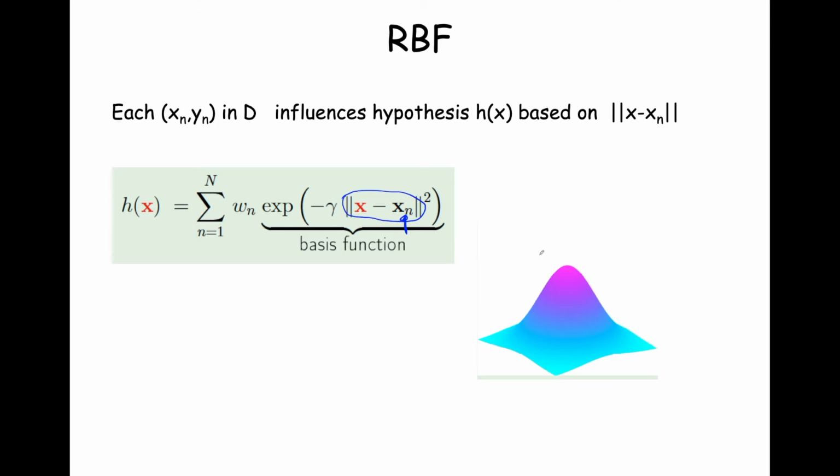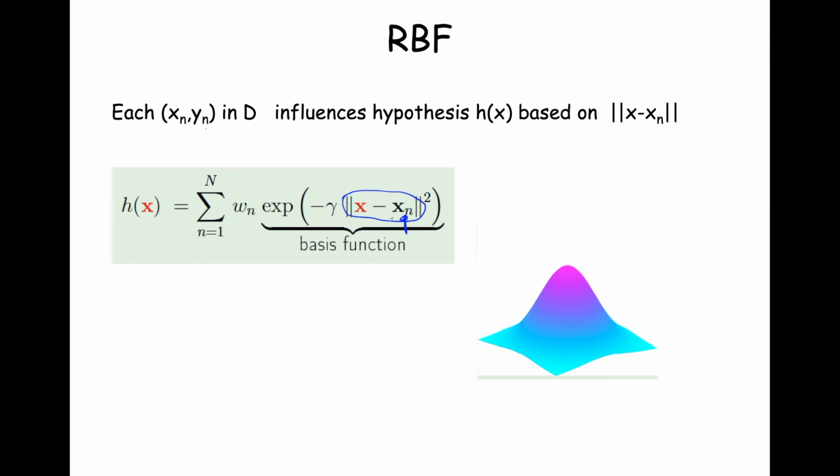And so here we have a set of label instance pairs, xn, yn, in our data set. And each one of these in-sample points xn is going to influence the hypothesis on input point x, h of x, and this is based on this radial distance. So this is a way of noting a type of influence with a capture range.